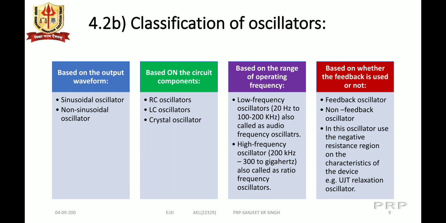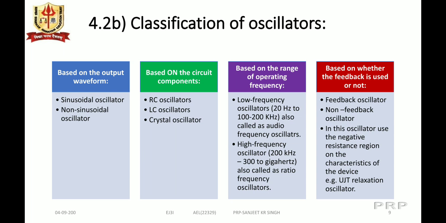Now based on the components that are used in the oscillator circuit, we can have RC oscillators if resistors and capacitors are used, LC oscillators if inductor and capacitance are used, then crystal oscillator if crystals are used, and we also have the negative resistance oscillators, that make use of the negative resistance region or characteristic of a device such as the tunnel diode.